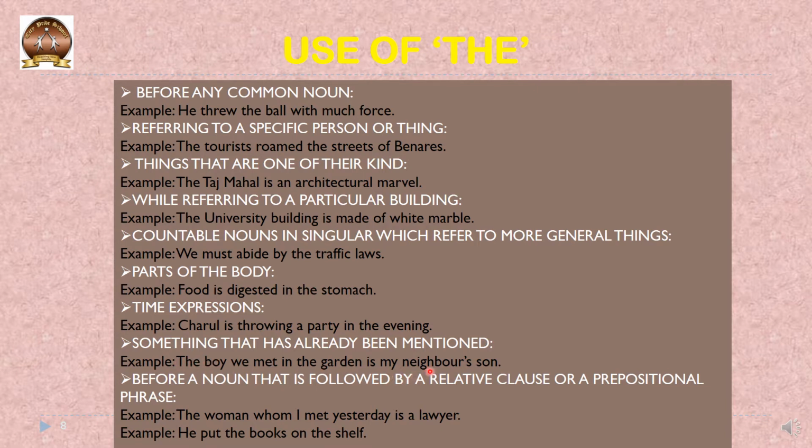Something that has already been mentioned, like the boy we met in the garden is my neighbor's son. Then, before a noun that is followed by a relative clause or a prepositional phrase, like the woman whom I met yesterday is a lawyer, a relative clause. He put the books on the shelf, a prepositional phrase.